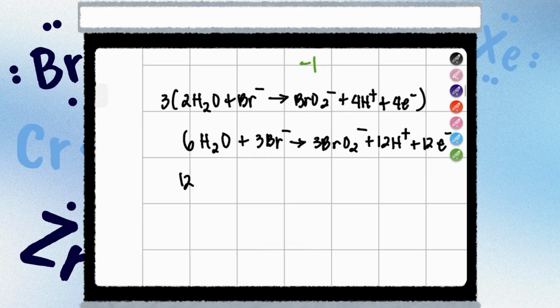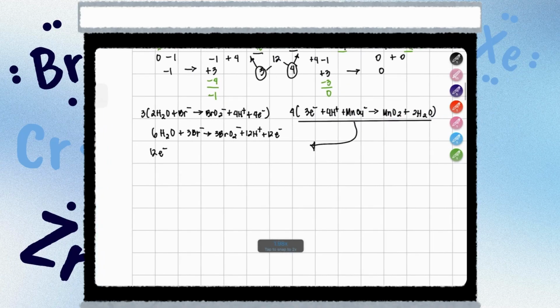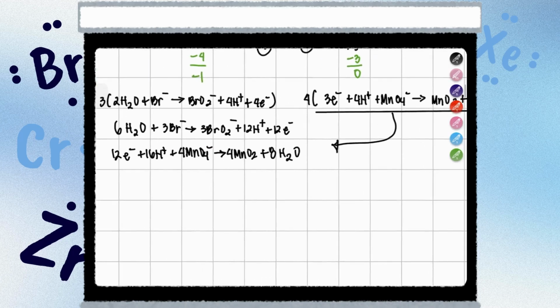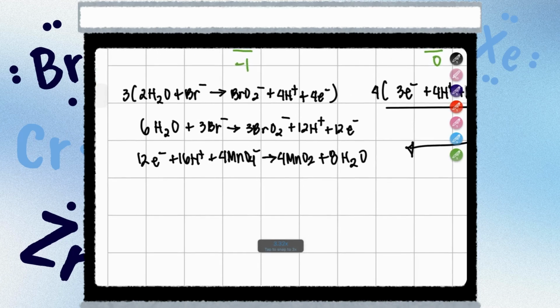So 12e minus plus 16H plus 4MnO4 minus, then 4MnO2 plus 8H2O. So we can combine both equations na. Pwede tayo mag-cancel ng mga like terms.